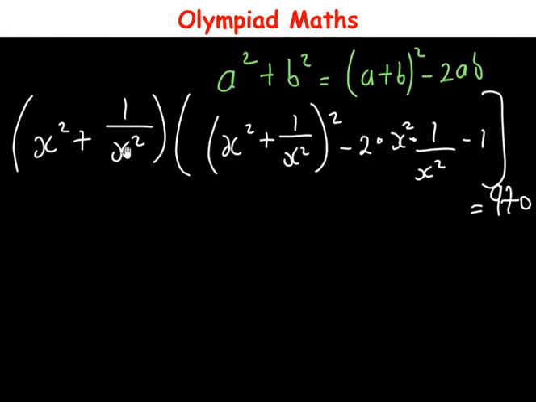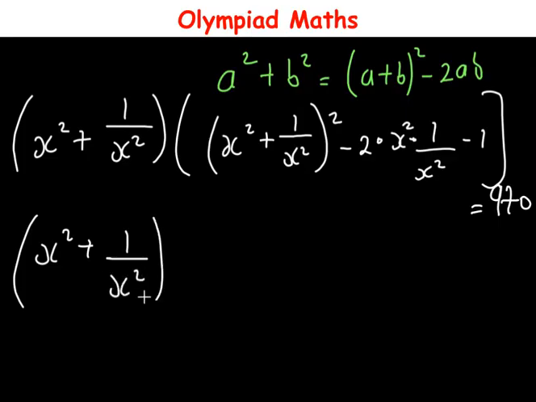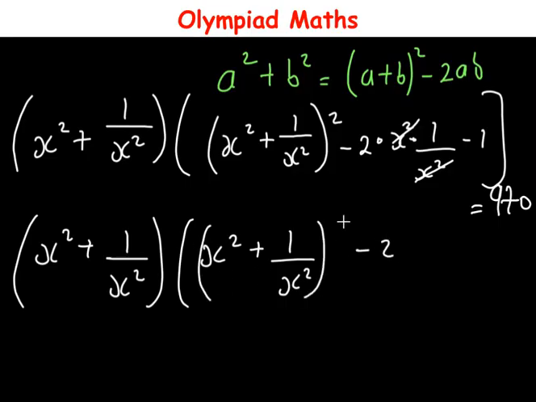So from this, we have in bracket x squared plus 1 over x squared multiplied by, so x squared will cancel x squared, we have x squared plus 1 over x squared, then minus 2 times 1 is minus 2. By the way, this is simply squared, then we have minus 1, and this equals 970.